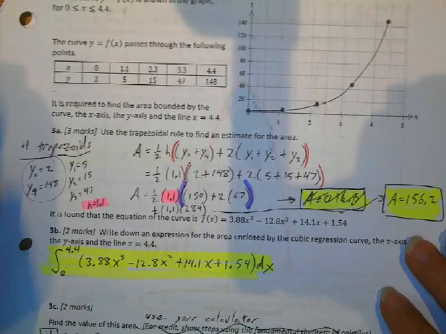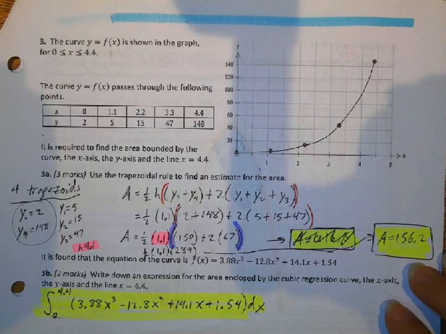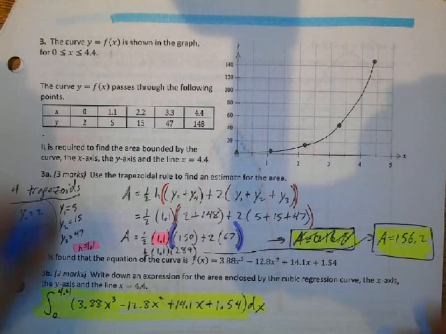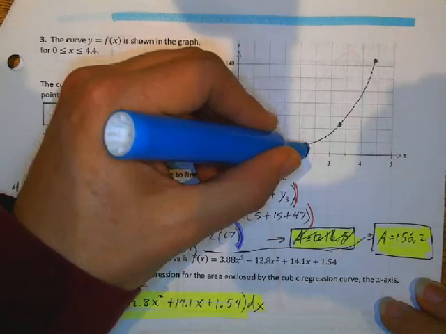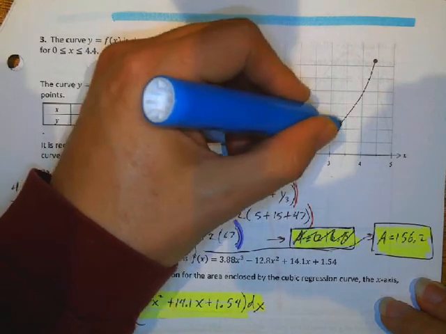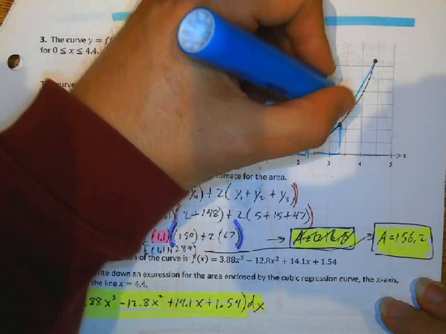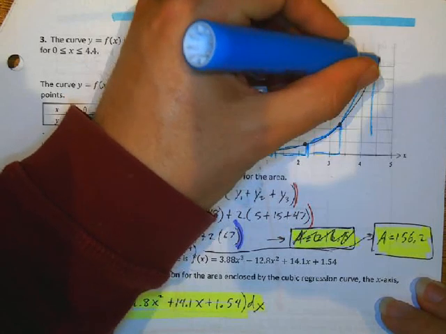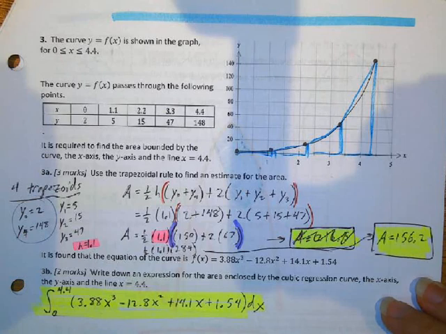Okay, question 3. Okay, so we're going to make a few trapezoids here. Okay, so starting at 0, so here's a trapezoid, here's a trapezoid, here's a trapezoid, and here's a trapezoid. Okay, so I've got 4 different trapezoids.